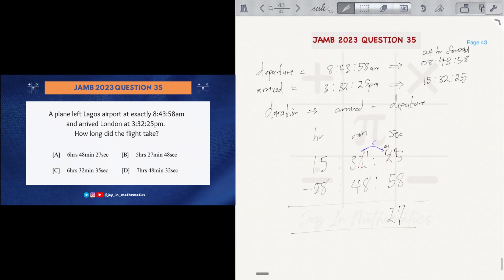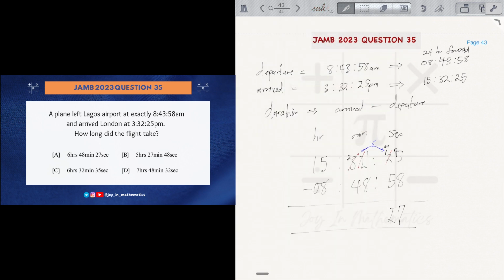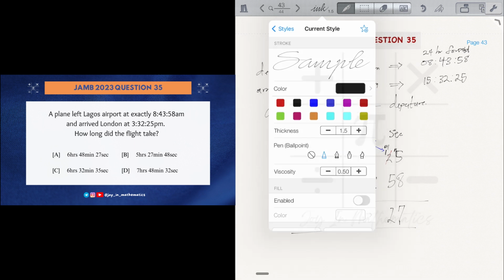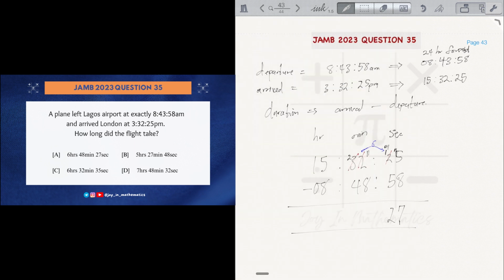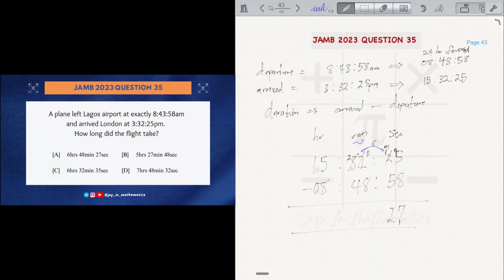Moving on, we have 1 left here minus 8, which is not possible, so we have to borrow 1 from 3. Borrowing 1 from 3, we'll be left with 2, and this will increase to 11, because when we borrow within the minute section, it is translated as 10.